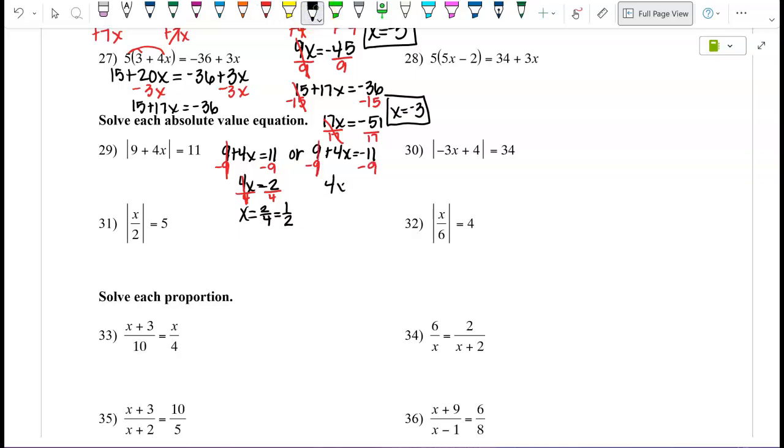But this time we get 4x equals negative 20. Divide both sides by 4. And we get x equals negative 5. So my solution set is 1/2 comma negative 5. So I need to make sure my absolute value has two answers with it.